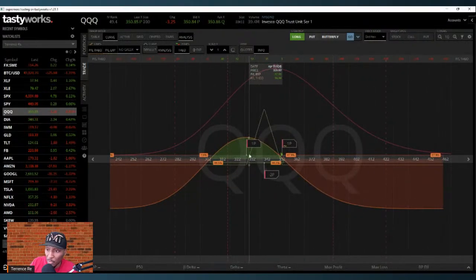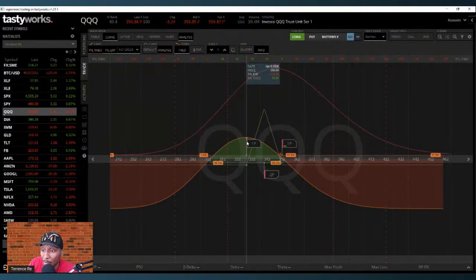What you're looking at right here, this green area, this is where you make money, right? So look up in the little box, if you guys can see that. As I move, this is showing a theoretical line for today.